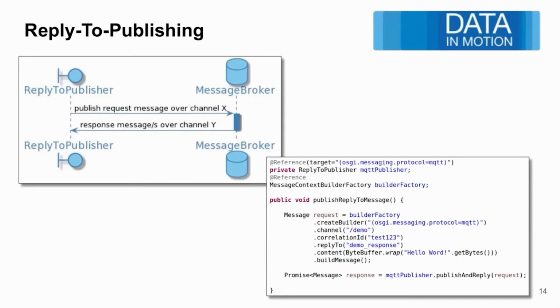And many protocols also support the generation of a reply-to channel. So this is also a feature that can be announced by the implementation. An implementation itself then has to take care of unsubscribing from that exclusive response channel after the response message has been received.